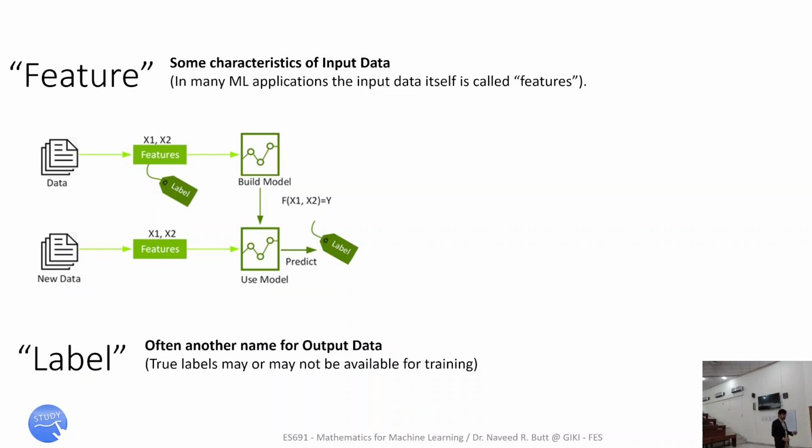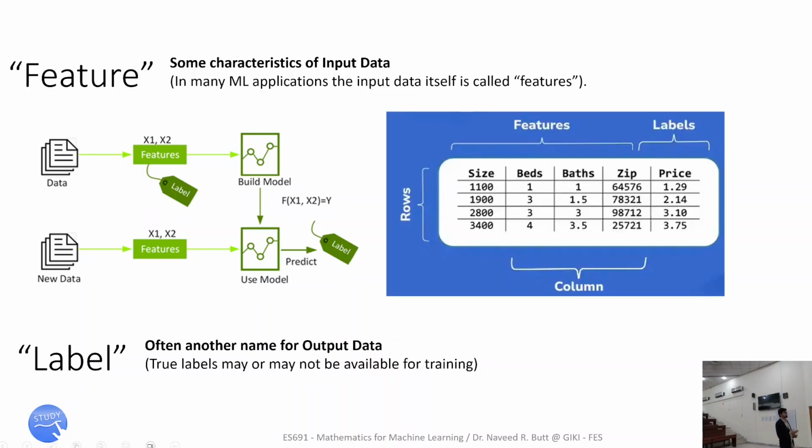For example, here, let's say you have to predict the price of houses in some region in America. So there are features. You input these features. You give it 4 features. What are those?